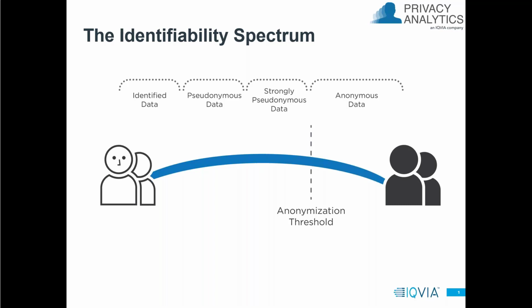And then you have this concept of strongly pseudonymous data further down the spectrum. And this is pseudonymous data with additional security and privacy controls put in place. One key thing here is that pseudonymous data is still considered personal information, and this is the case in most jurisdictions around the world.